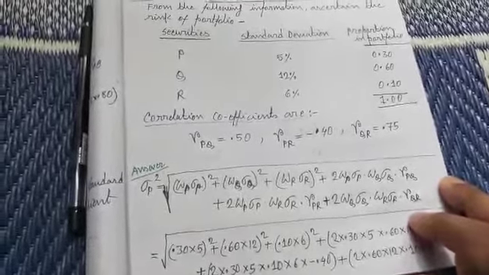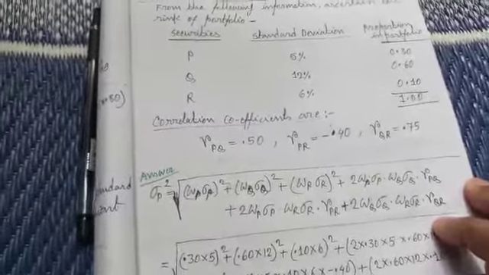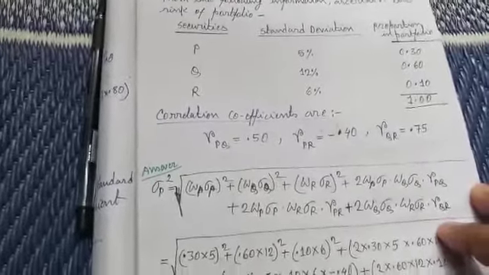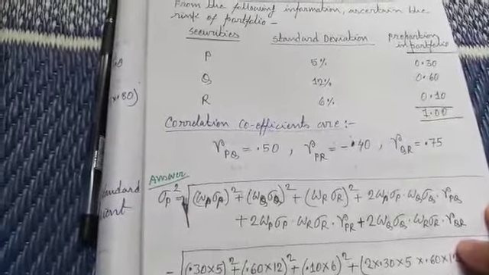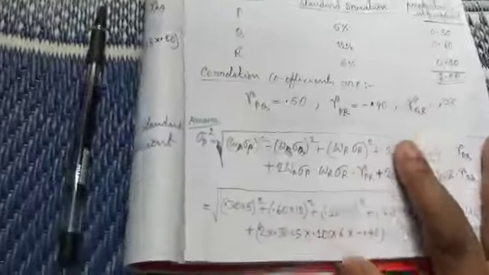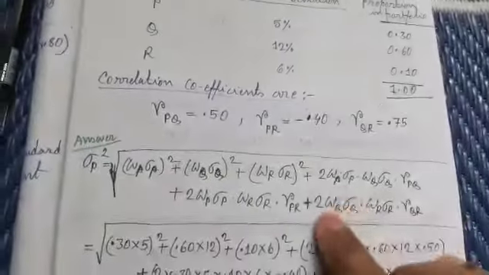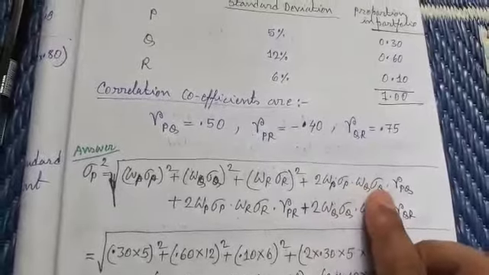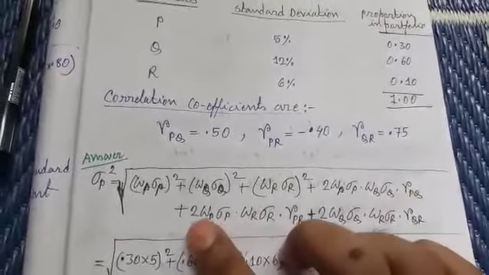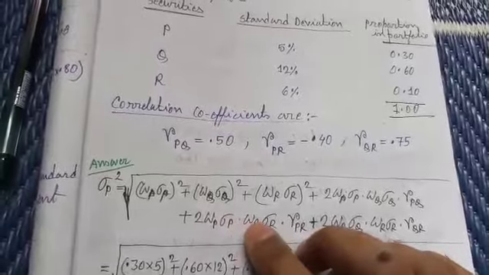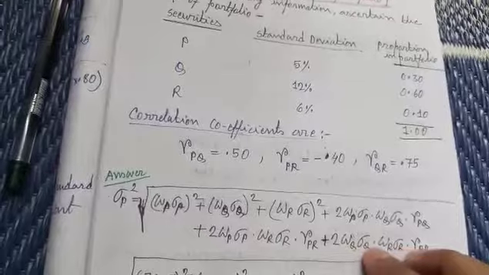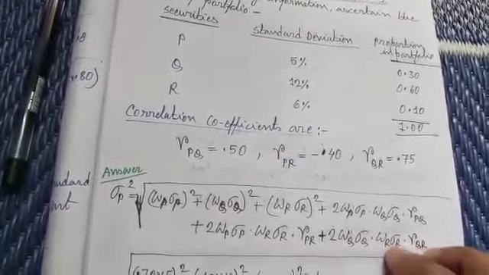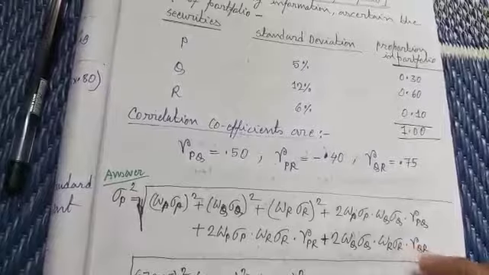It is ascertained by applying the formula: root over WP into sigma P whole square plus WQ into sigma Q whole square plus WR into sigma R whole square plus 2 into WP into sigma P into WQ into sigma Q into RPQ plus 2 into WP into sigma P into WR into sigma R into RPR plus 2 into WQ into sigma Q into WR into sigma R into RQR.